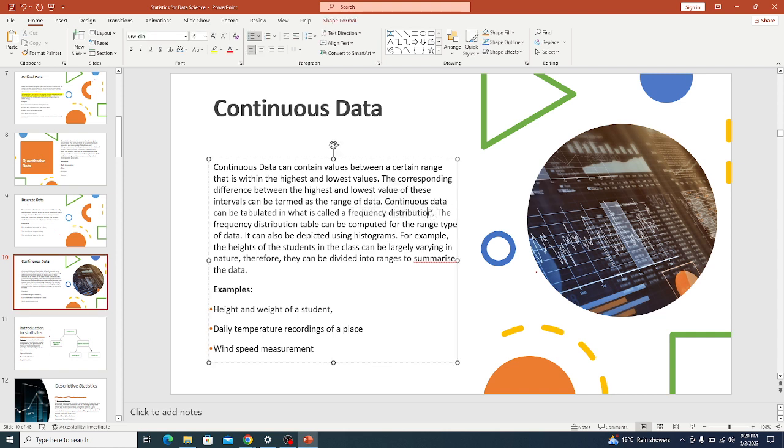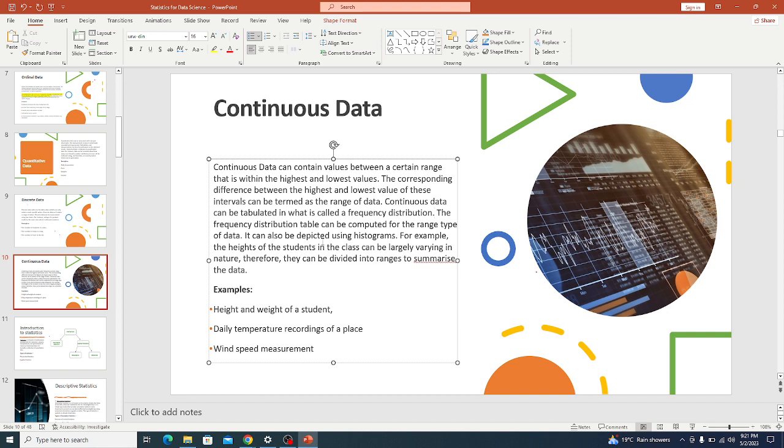Frequency distribution tables we can use to present the continuous data in table format. So the frequency distribution table can be computed for a range type of data.